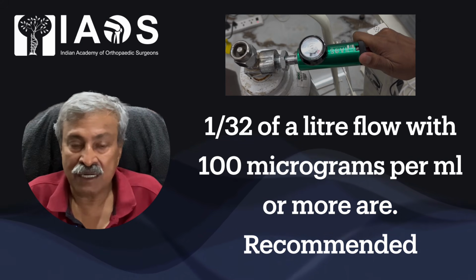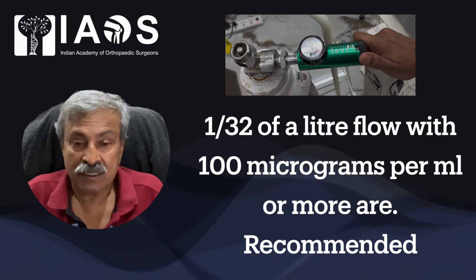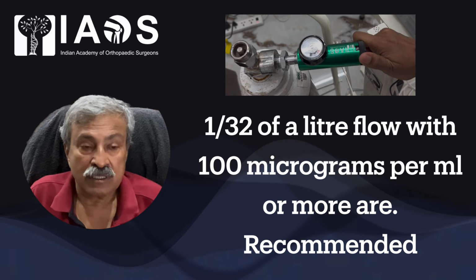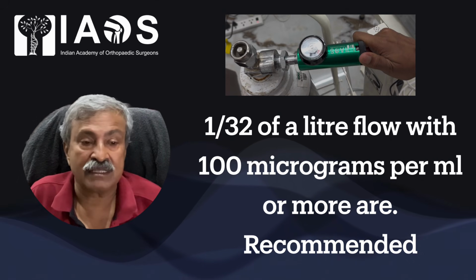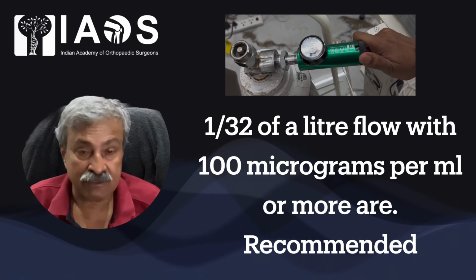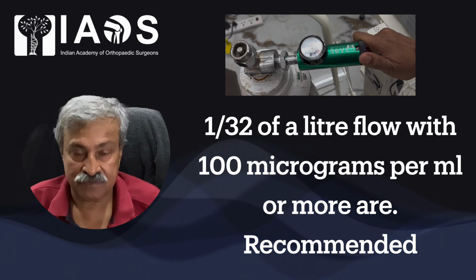So, we need about 100 to 125 microgram of ozone in a minute with an oxygen flow not exceeding 1/16, else there will be a pressure build-up in the ears and this will cause severe discomfort.